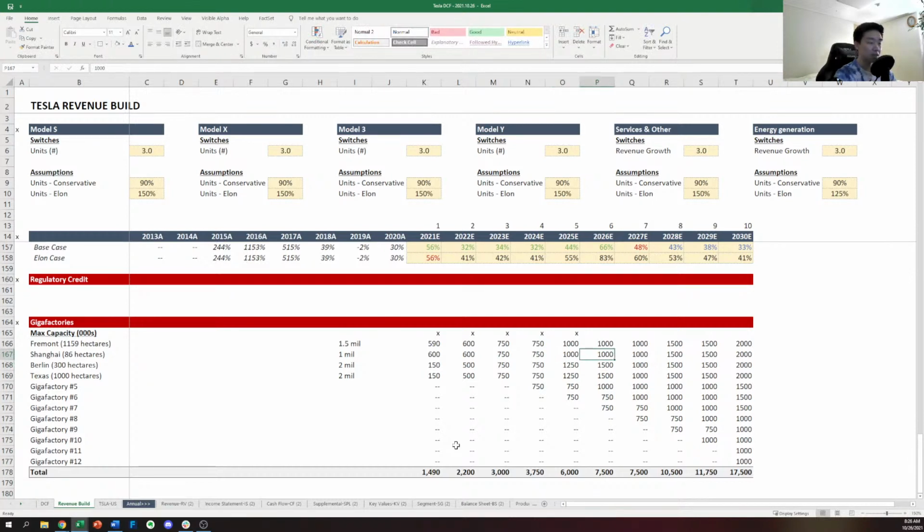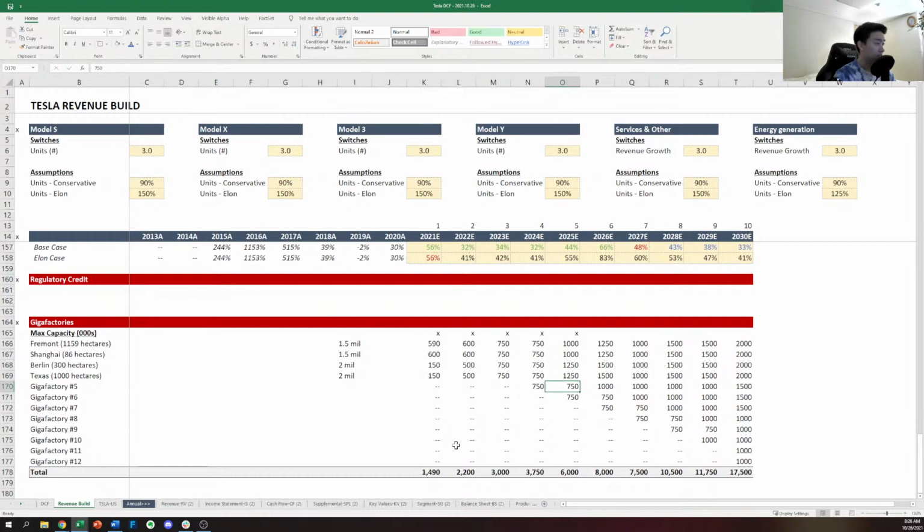Shanghai, let's grow this to 1000 here. I'll grow this to 1250. I think 1.5 is probably the max for Fremont. And then I'm going to say 1.5 million is the max for Shanghai as well, because it seems it's built on a smaller piece of land. And then 2 million for Berlin.